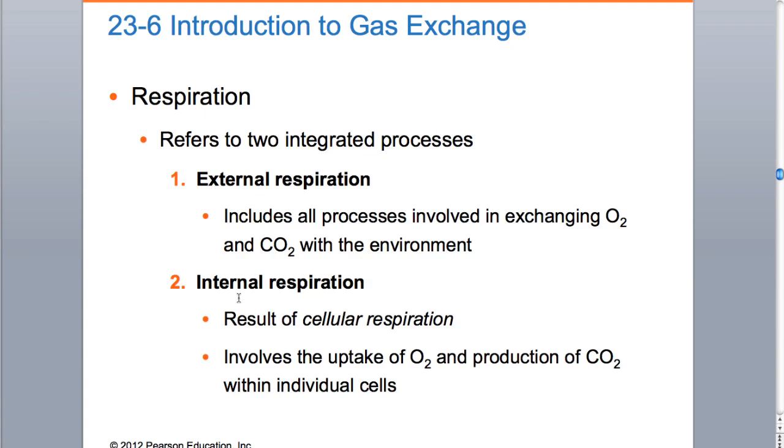Now, if I were to take all three of them, pulmonary ventilation, external respiration, internal respiration, I would get this generic word called respiration. So if someone asks you on a test, what are the relationships that make up the word respiration? Respiration is pulmonary ventilation, external respiration, internal respiration. Okay, next slide.